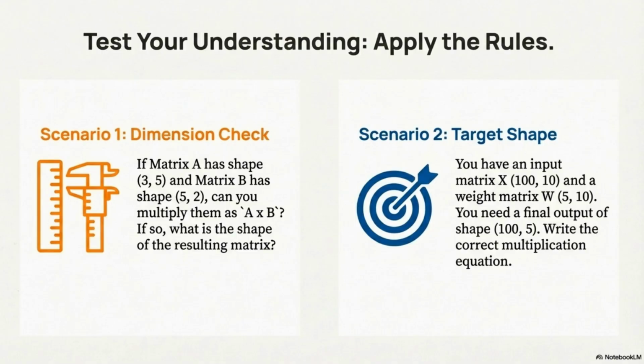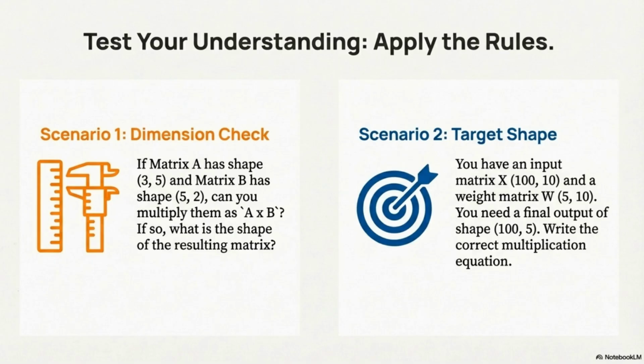The first scenario on this slide is a plain dimension check. You are given a matrix A with shape 3 by 5 and a matrix B with shape 5 by 2. The question is, can we multiply A by B in that order? And if so, what is the shape of the result? The second scenario is a target shape problem.